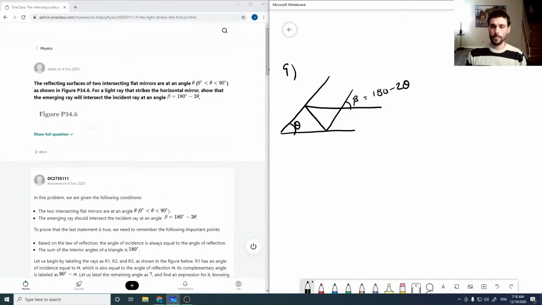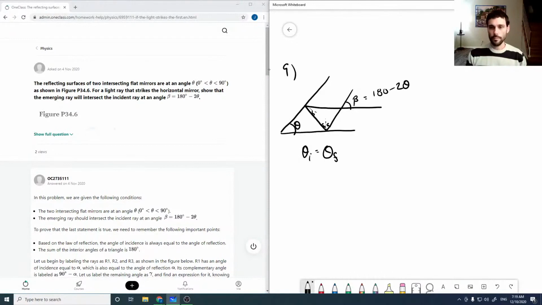Okay, so the way to do this is to look at these angles here, and I'm just going to call this A. And now for a reflective surface, our angle in is equal to our angle out. So that means that those are both A there.